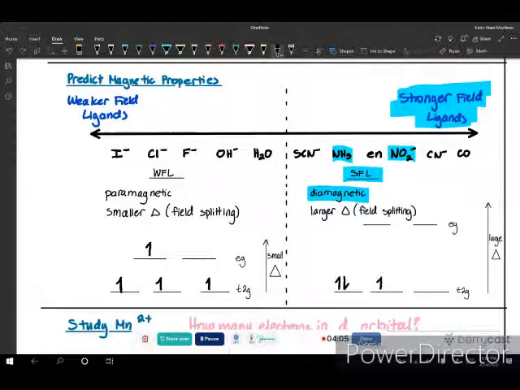1, 2, 3, 4. As you can see, 4 electrons in a weak field ligand would take up 4 orbitals. In the strong field ligand case, we completely fill 2 orbitals in the lowest state before moving up to the higher states, from the t2g to the eg.